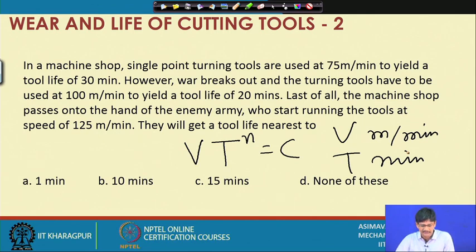Last of all, the machine shop passes on to the hands of the enemy army. This happened very frequently in the Second World War. What happened was that the Germans took over some countries very fast, almost overnight. And I remember having read somewhere that in Czechoslovakia the machine tools were of high repute, and the Germans started using them.